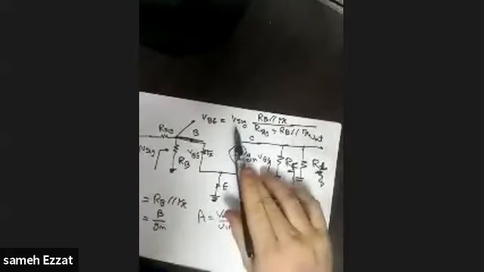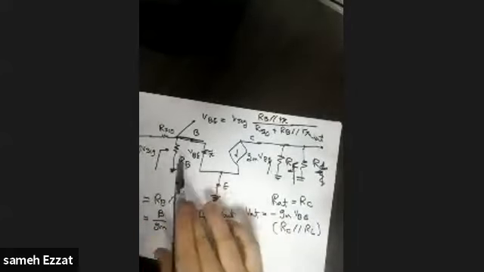So the output voltage equals the input voltage multiplied by the second resistance R2, which is now the parallel combination of RB and R pi, over the summation, which is R swing plus RB parallel with R pi. So this is the overall equation. Then you can substitute this VBE here.